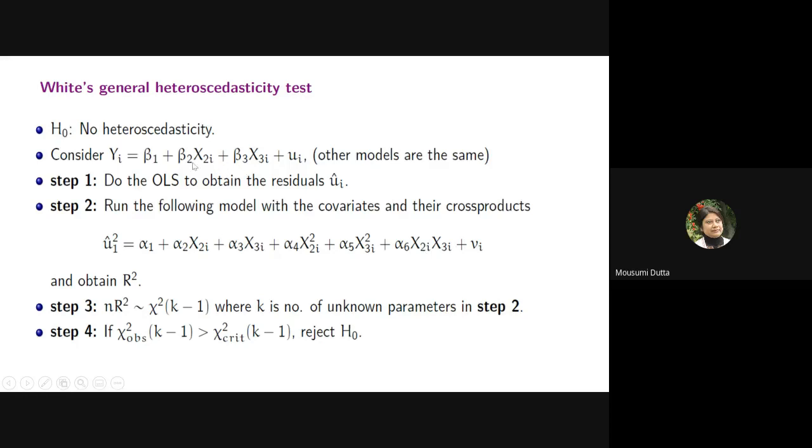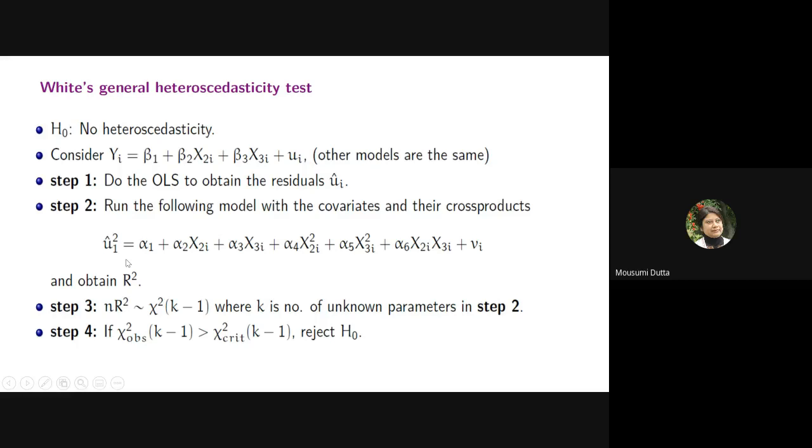So whatever explanatory variables I have in this new regression, when I am considering the square of the residual, I am regressing the square of the residual on those explanatory variables, their squares, their cross products.